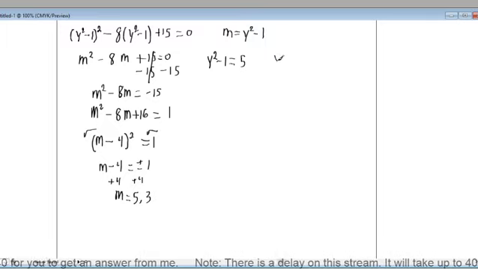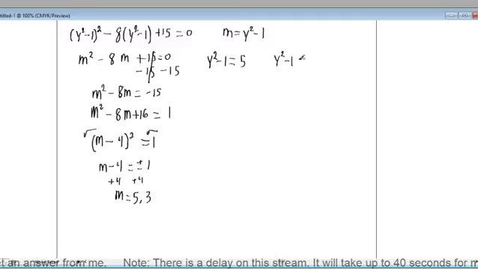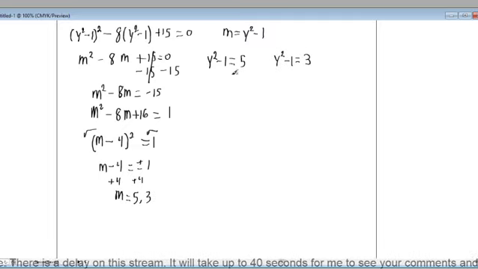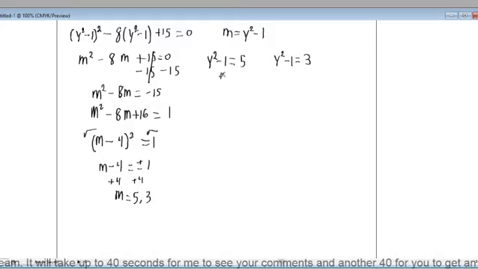And y squared minus 1 could be 3. And we will need to solve both of these cases in order to figure out what y is. Okay, so I'll add 1 to both sides here.